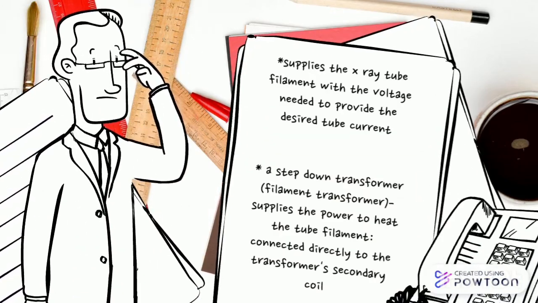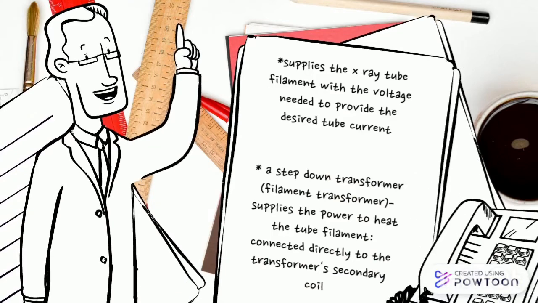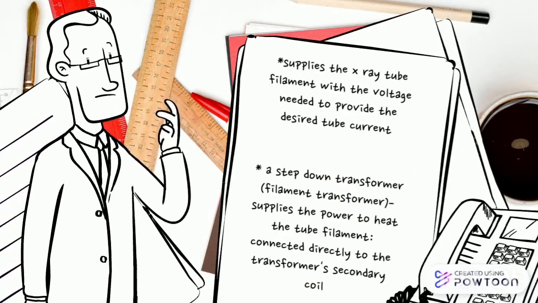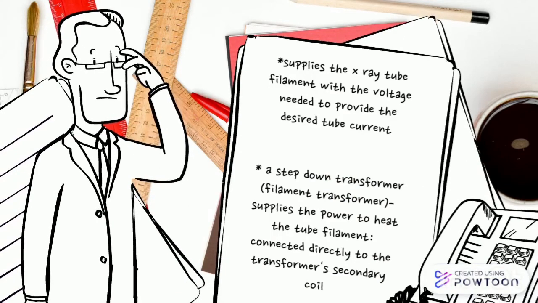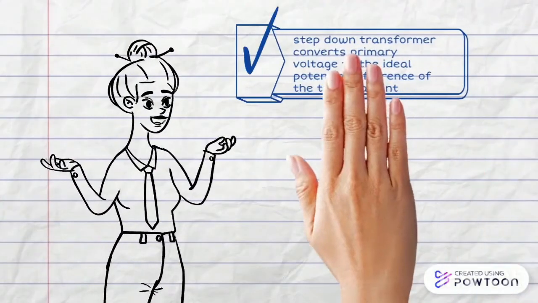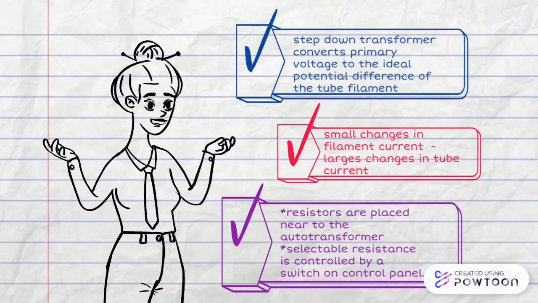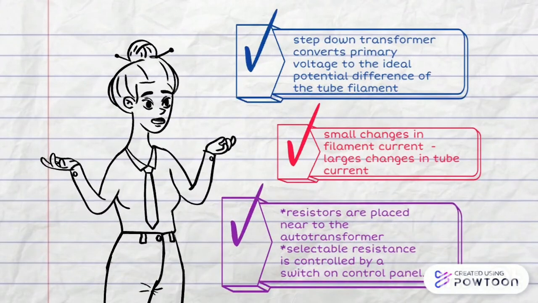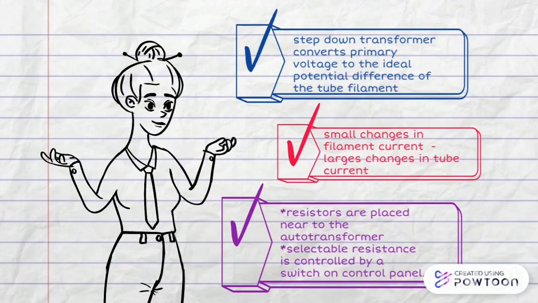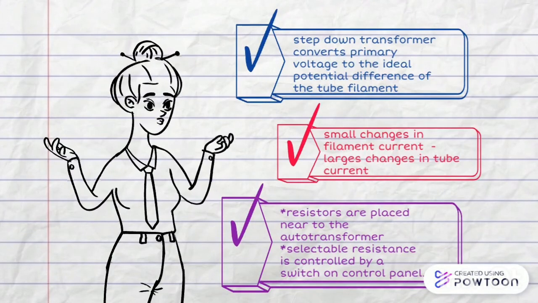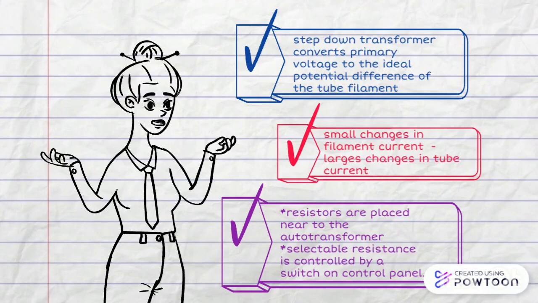It supplies the power to heat the tube filament, which is connected directly to the secondary coil of the transformer. The step-down transformer converts primary voltage, which is 110 to 220 volts, to the potential difference required by the tube filament, which is approximately 10 volts.